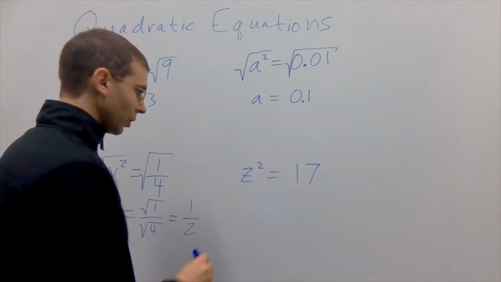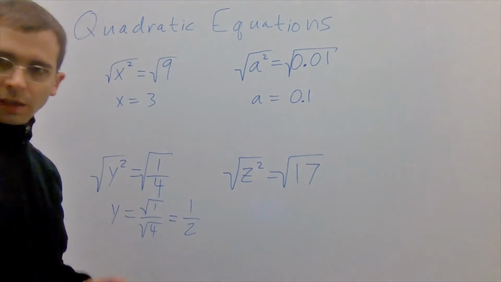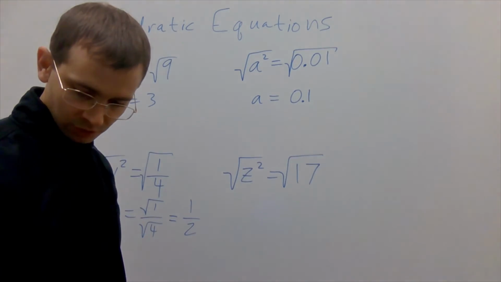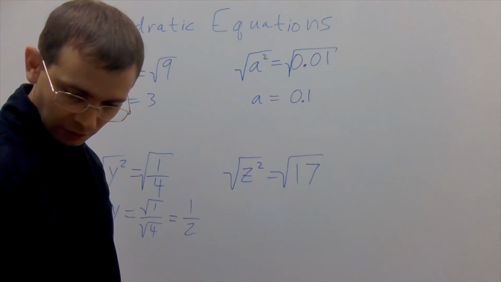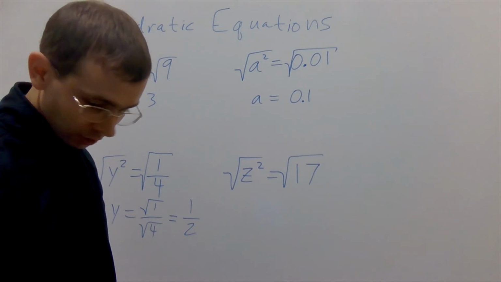And then finally, we come to the situation where there is no tidy, whole number answer to this, and we'll use the calculator's ability to give us an interpolation, as we call it.